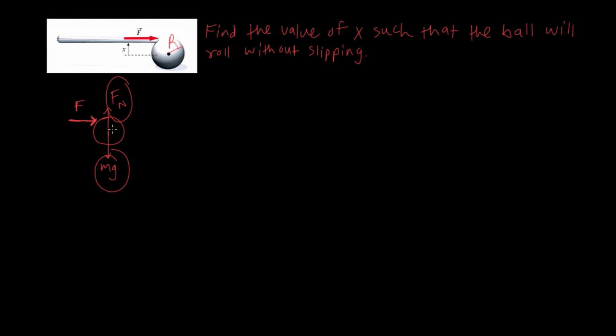Now, what about the normal force and the weight force? Do those produce any torque? The answer is no, those do not produce any torque, because those two forces, the normal force and the weight force, act right through the center of mass of the ball. The center of mass of the ball, or the axis of rotation of the ball, is right at the center of the ball, and since the normal force and the weight force act right through the center of the ball, that means they coincide with the axis of rotation, and so they don't produce any torque.